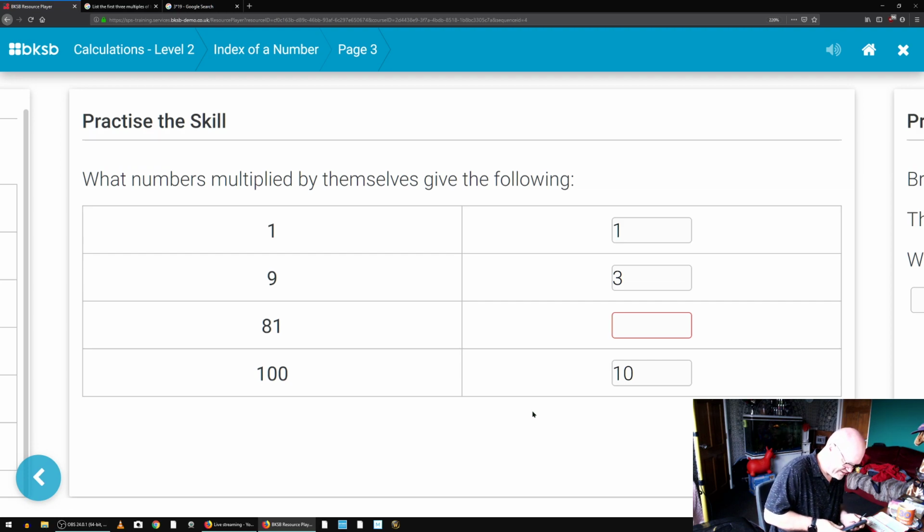Should we get a times table chart up on the screen to assist me? There we go. Times table chart. Yes, I pressed that now.